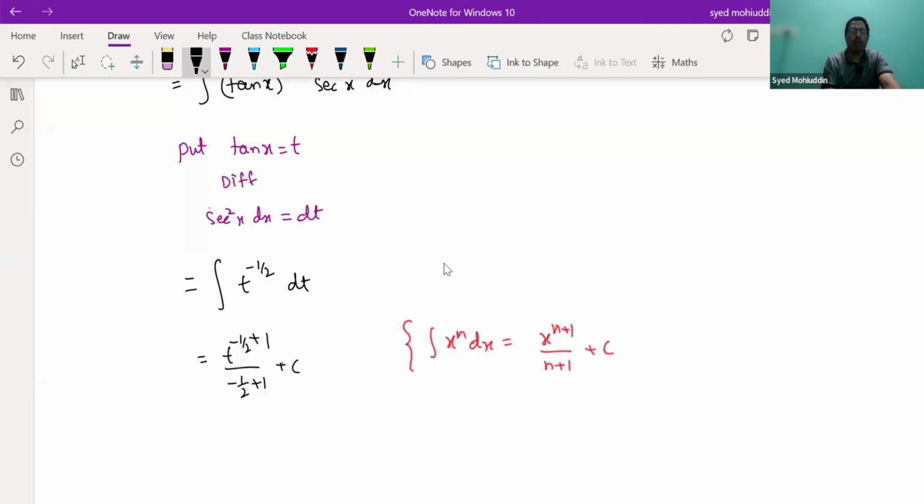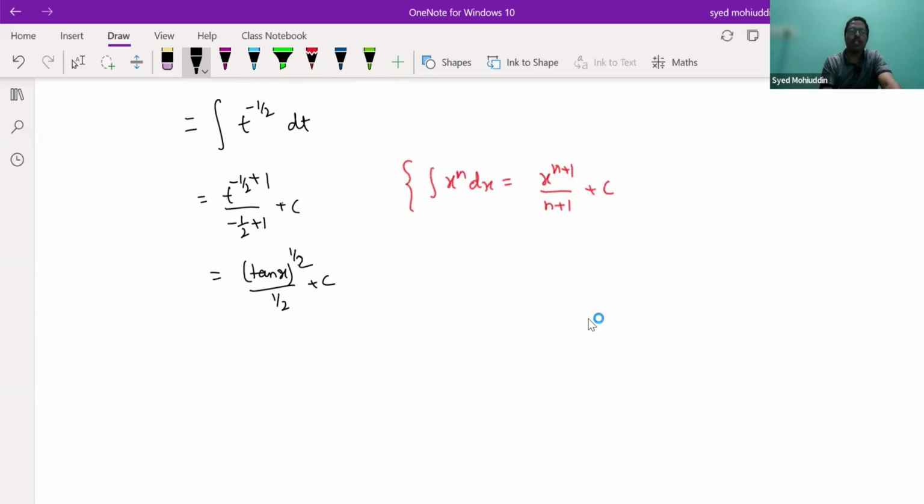But the value of t that I have taken is tan x. So tan x to the power of, minus half plus 1 gives you half, divided by half, plus the constant c. Dividing by half, if I take that to the numerator, it becomes only 2. So 2 tan x to the power of half, or that power half can be written as root of tan x. So 2 root of tan of x plus c. This gives us the final answer.